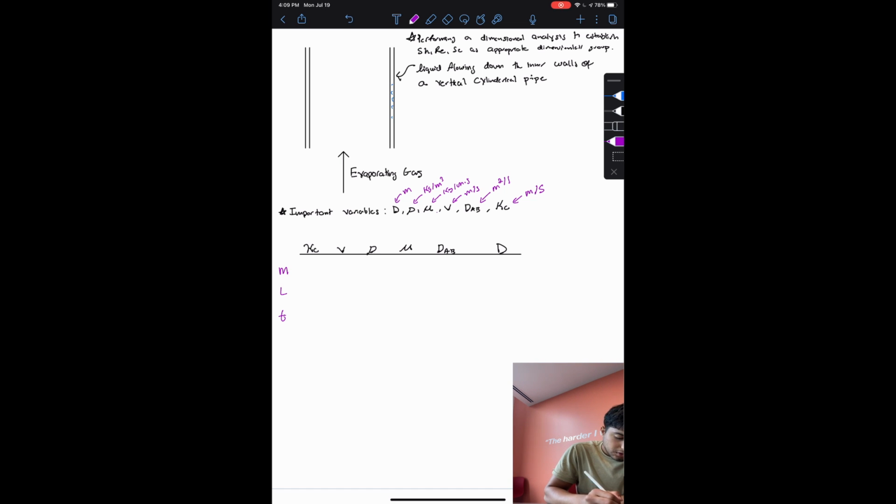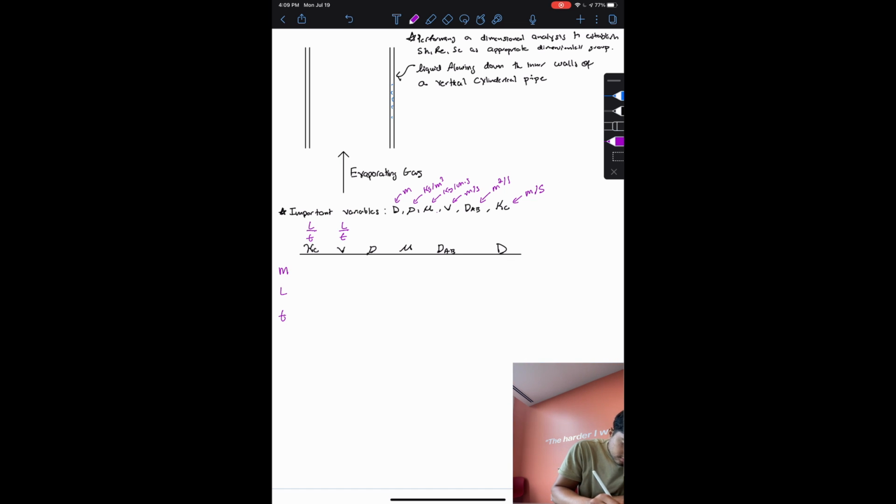So we know the Kc is in length over time, the velocity is also length over time, and the density is right here.